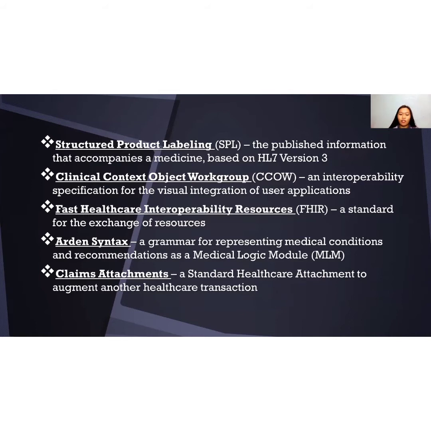Clinical Context Object Workgroup, or CCOW, an interoperability specification for the visual integration of users' applications. Fast Healthcare Interoperability Resources, or FHIR, a standard for exchange of resources, and Arden syntax, a grammar for representing medical conditions and recommendations as a Medical Logic Module, or MLM.